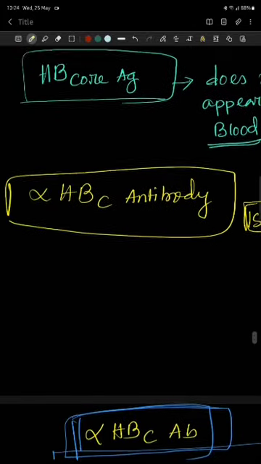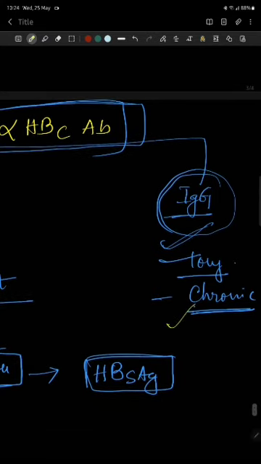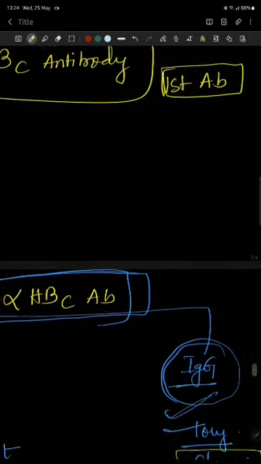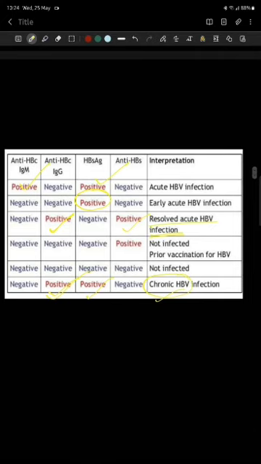Again, anti-hepatitis B core antibody, the long term course, chronic cases, chronic hepatitis B infection. So IgG type of anti-hepatitis B core antibody will be there, and the hepatitis B surface antigen will be positive.